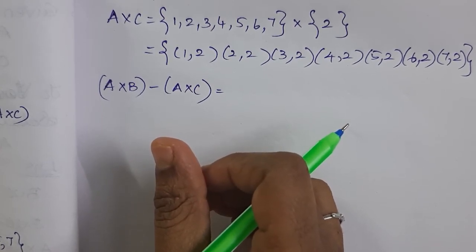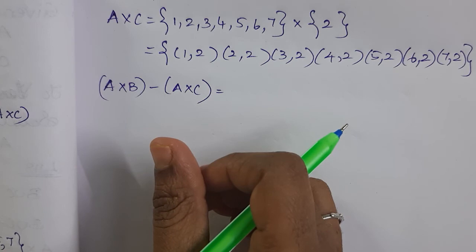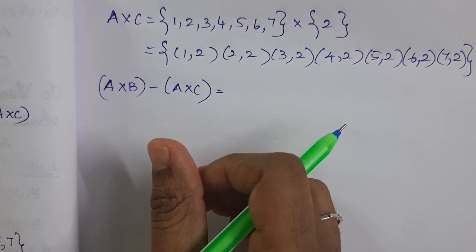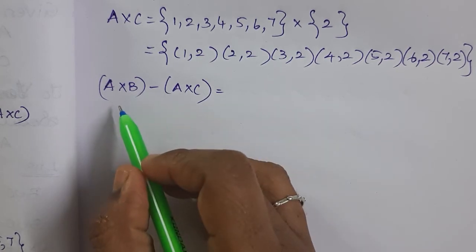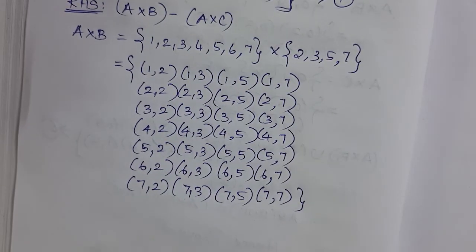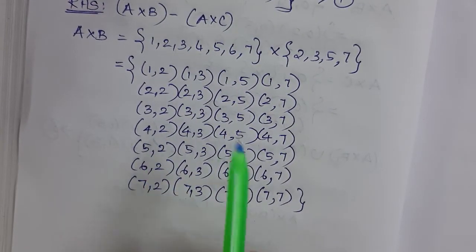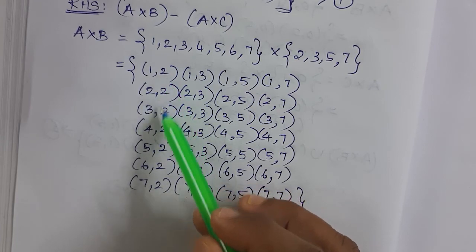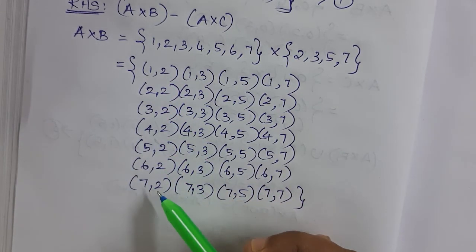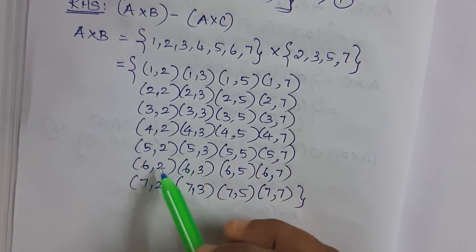The common elements are 1, 2, 2, 2, 3, 2, 4, 2, 5, 2, 6, 2 and 7, 2 from the set A cross B. If you look at A cross B, along the column all the pairs with second element 2 belong to A cross C. So all these elements get eliminated.